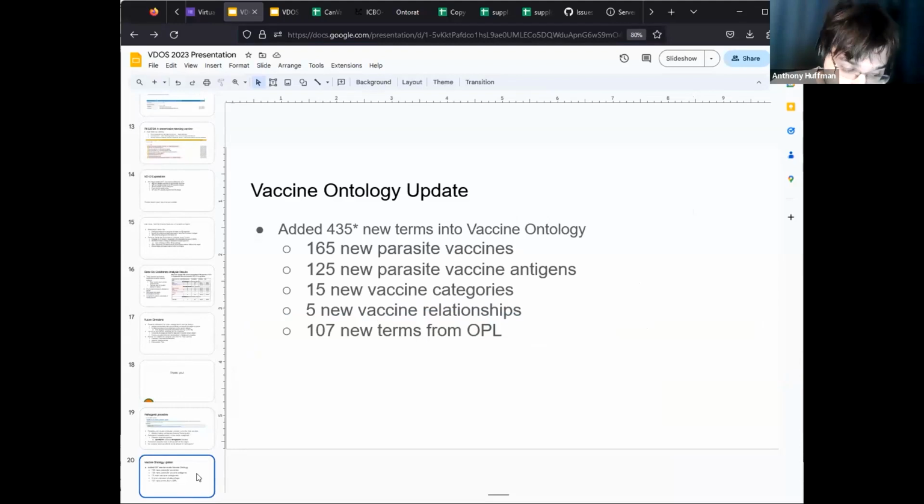But currently for the specific epitopes, that's not something that we plan on including directly into either VO or OPL. So it's something I'm looking towards, but it's not directly related to the ontology side. Does that answer your question? Yeah, just general curiosity.